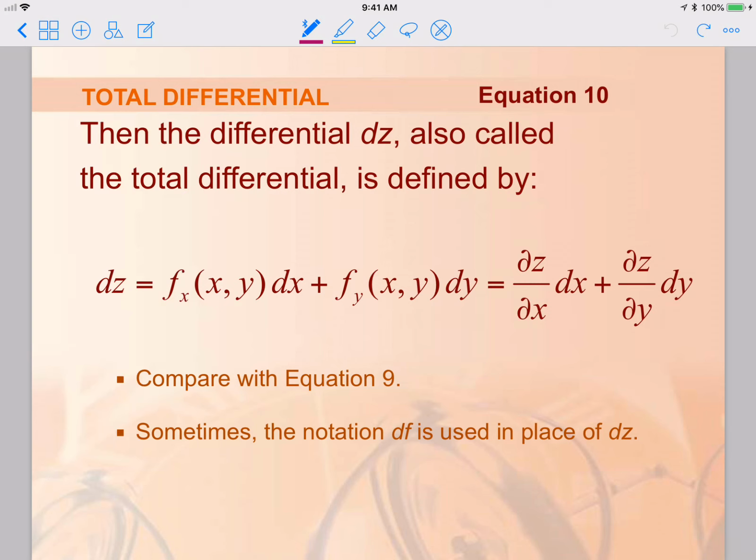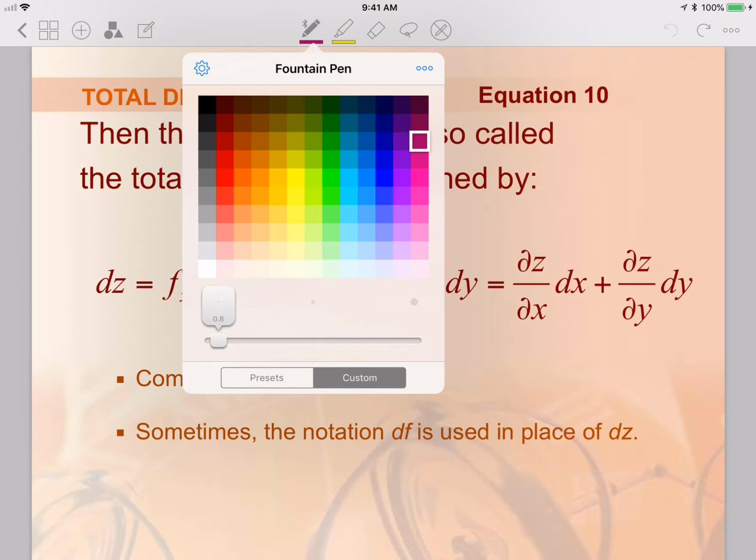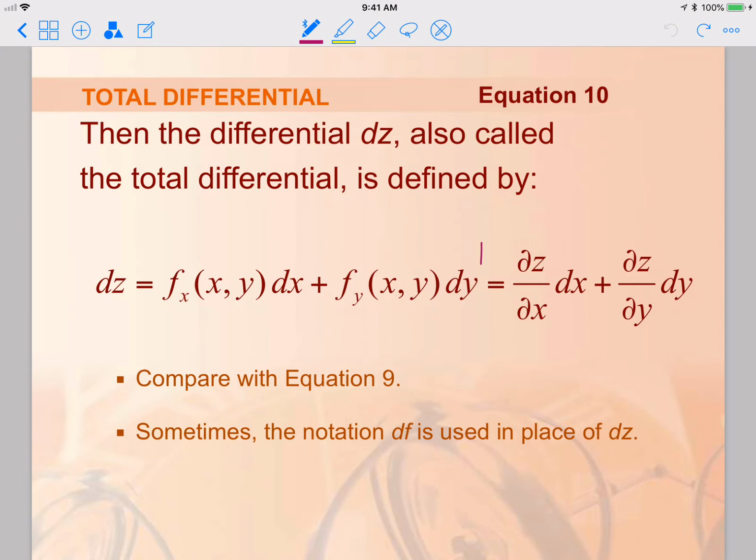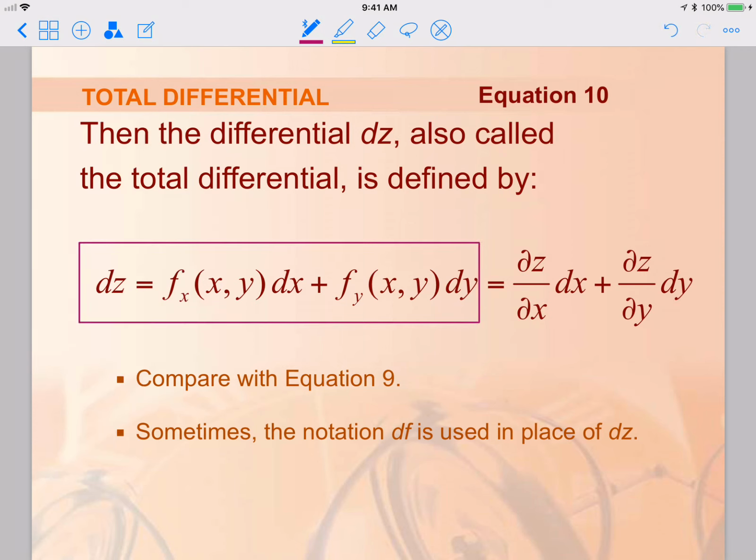So here's the formula that you want to capture, right here. Remember, this is an input, and this is an input. These are typically small.